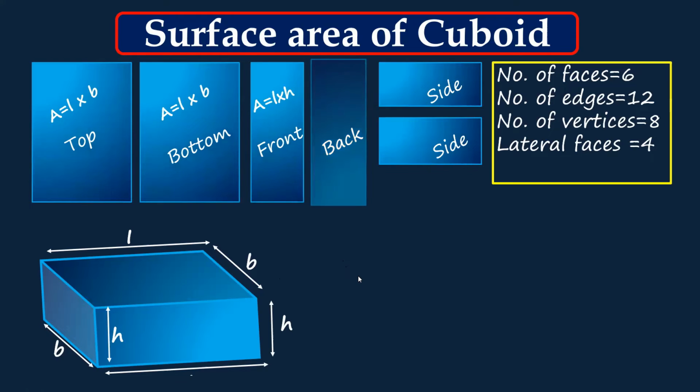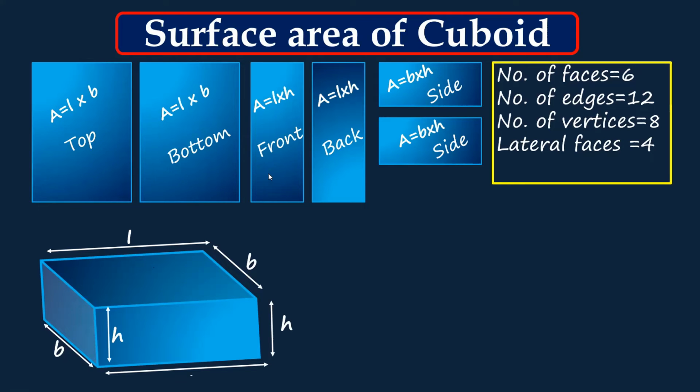Suppose I want to calculate the area of each face: the top face has an area of length and breadth. The top and bottom faces are identical in shape, so they have the same area, that is length into breadth, right?